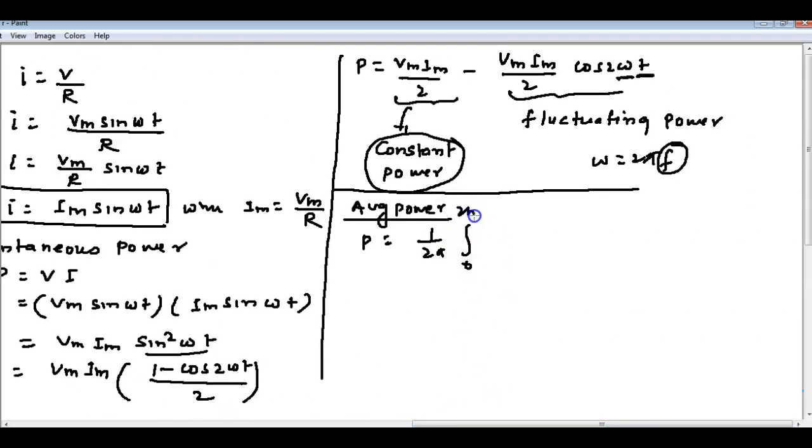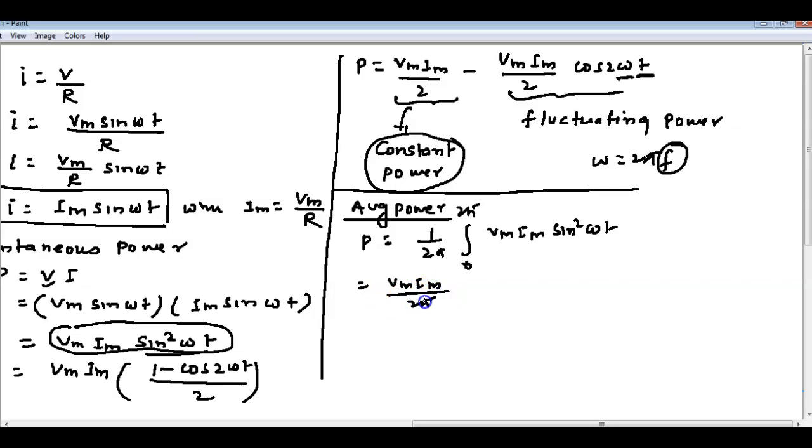Which equation? The one we got after multiplying: P is equal to VI. V is Vm sin omega t and I is Im sin omega t. If you substitute the values, we get Vm Im sin square of omega t. Taking the constants outside, this is Vm Im by 2 pi, and the sin square integration we cannot find directly, so we write 1 minus cos 2 omega t by 2.